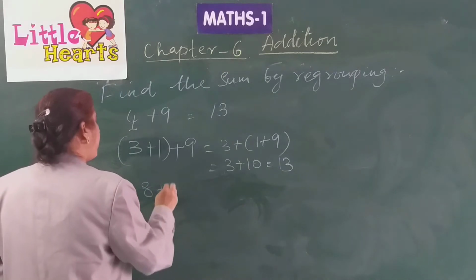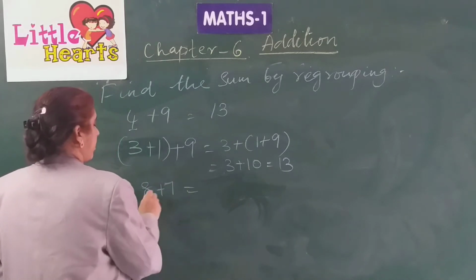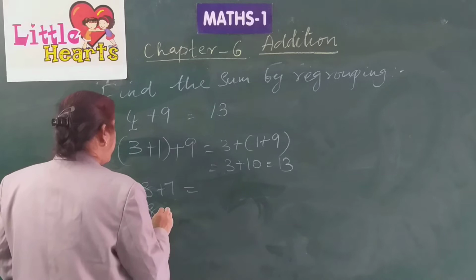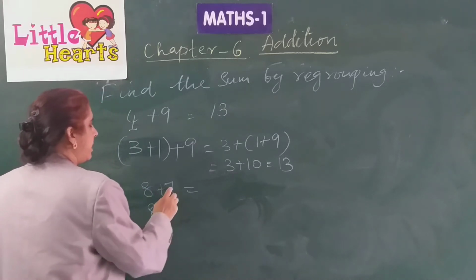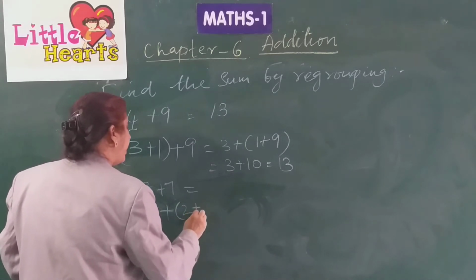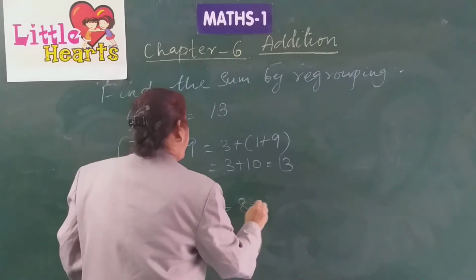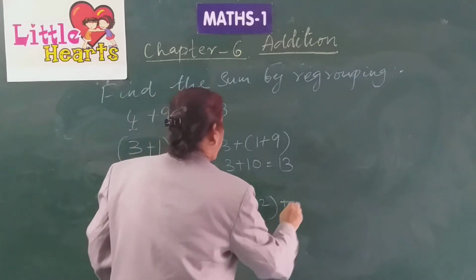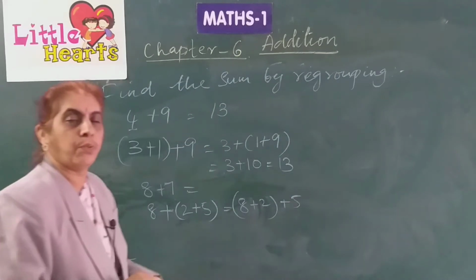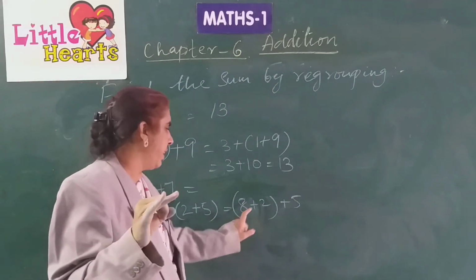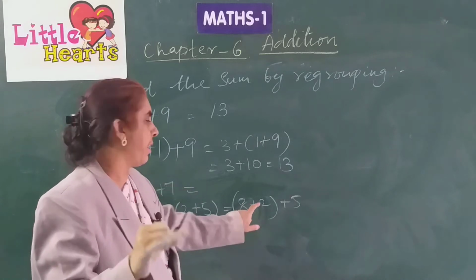8 plus 7 equals. This 8 is written as it is, and 7 can be written as 2 plus 5. Now 8 plus 2 plus 5. 8 plus 2: take 2 fingers, 9, 10.